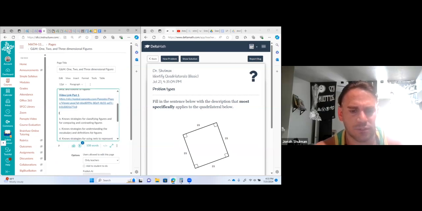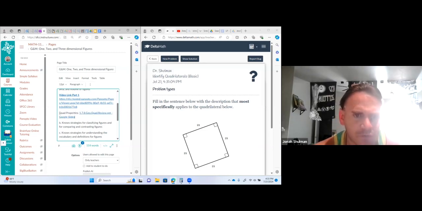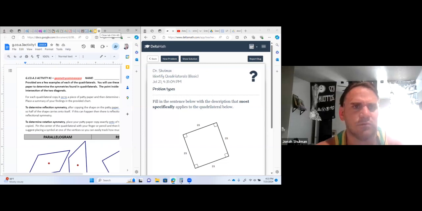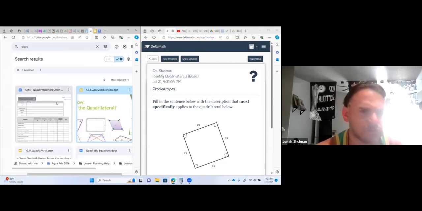Let's put this one in. So this is naming quads. It's quad properties. I know I had this really cool chart though. So let's see if I have it. If not, I can look somewhere else. Is this it?